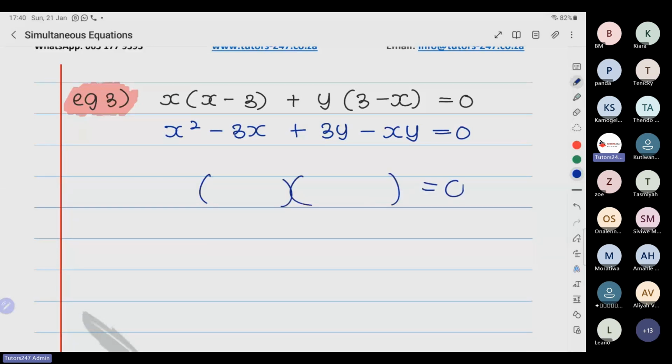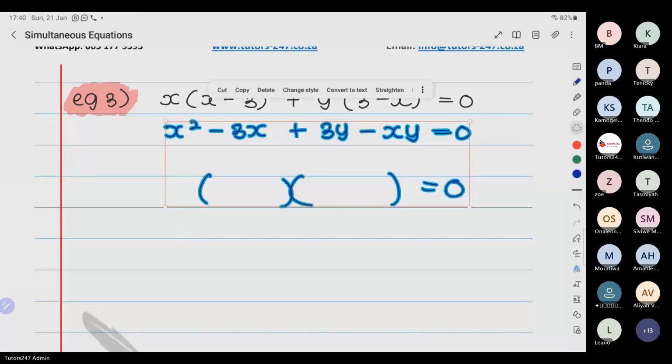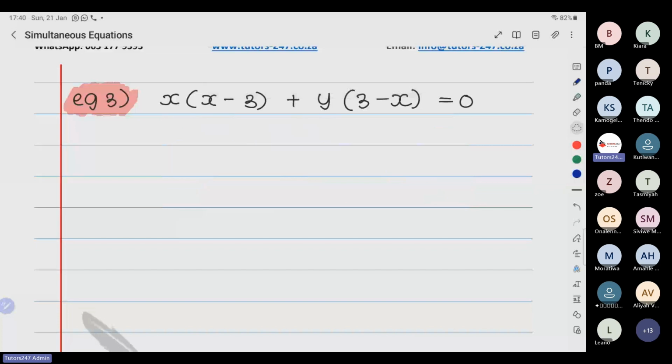That's one method. A second method is to notice that the two brackets are kind of similar. We have x minus 3 in one bracket and 3 minus x in the other bracket. So you can see that x is positive in the first bracket, but negative in the second bracket.